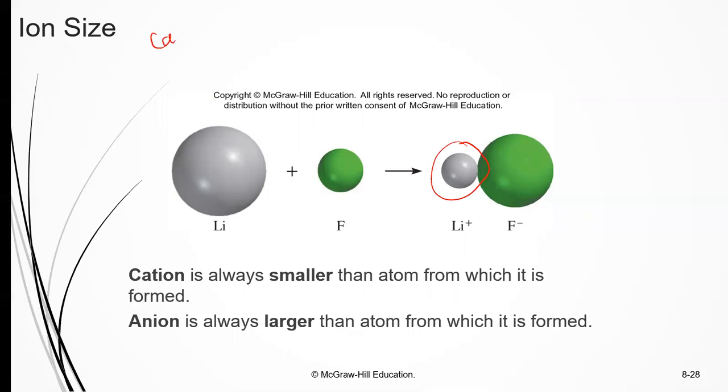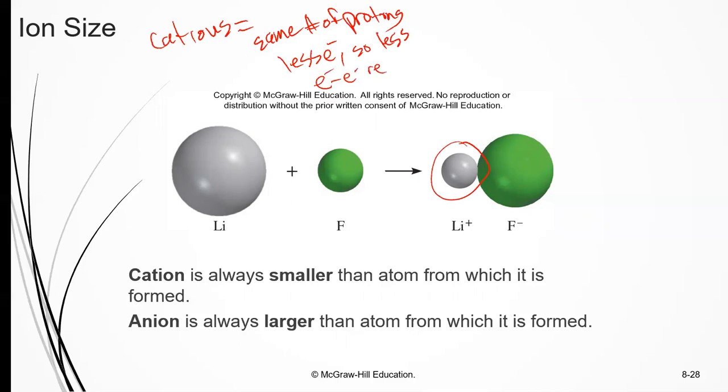And so cations, for the same number of protons, they have fewer electrons. So there's less electron-electron repulsion, allowing them to be smaller in size.